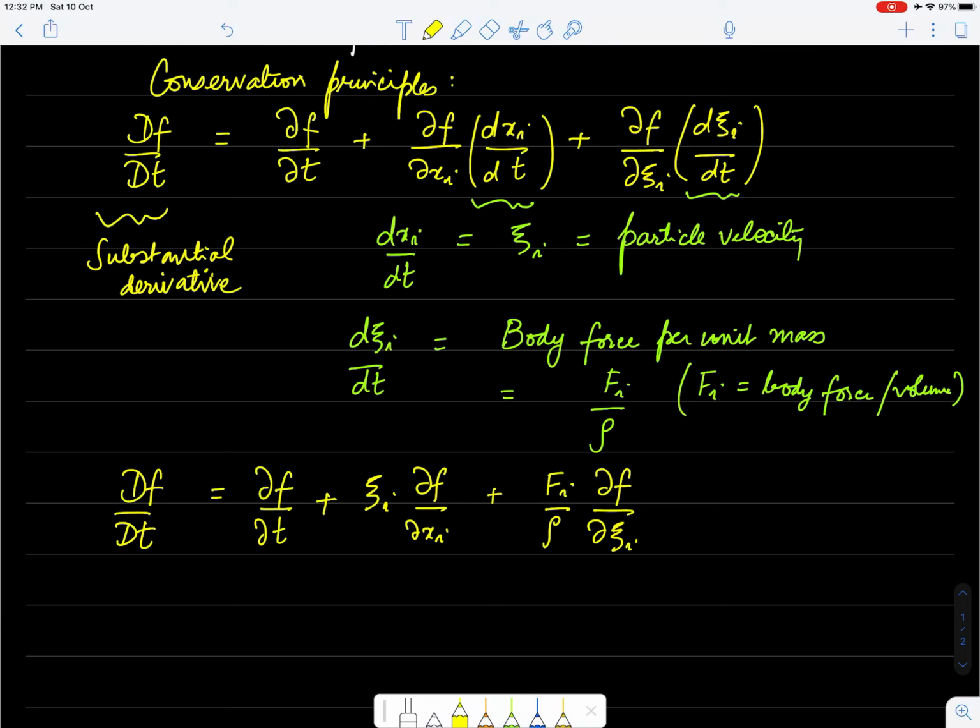Now what the Boltzmann equation says, in a nutshell, is that the total change in f could be written as a collision operator, which is a function of the distribution function.